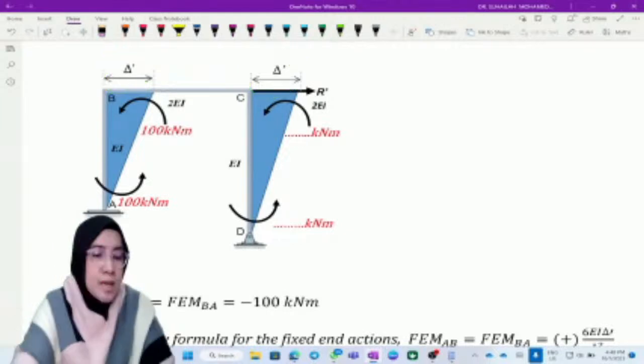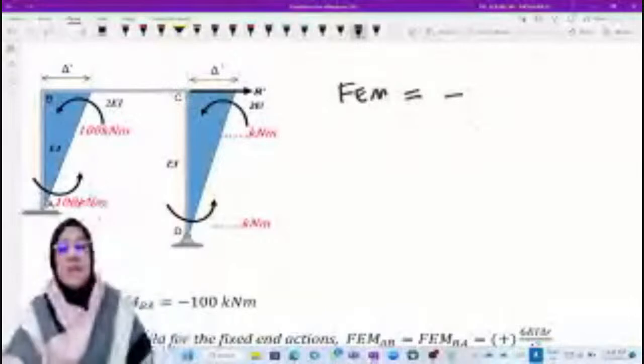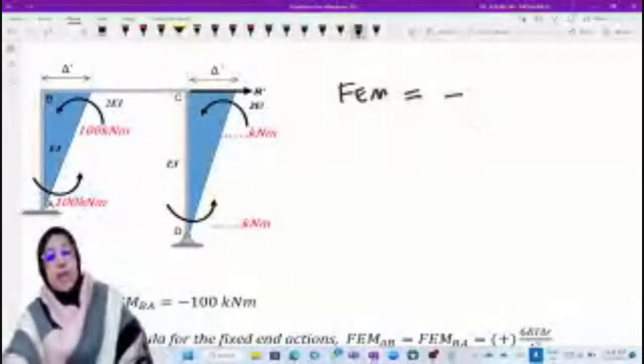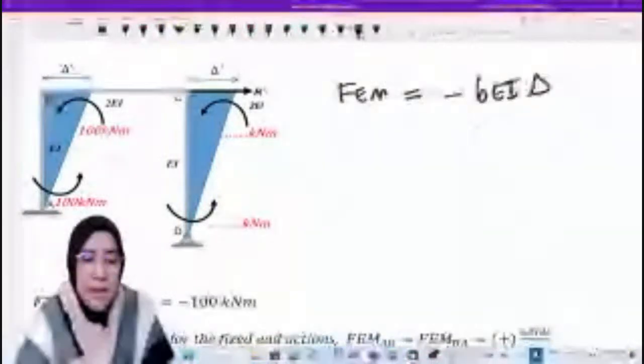From the formula to calculate FEM due to settlement, FEM equals negative 6 delta prime over L squared.